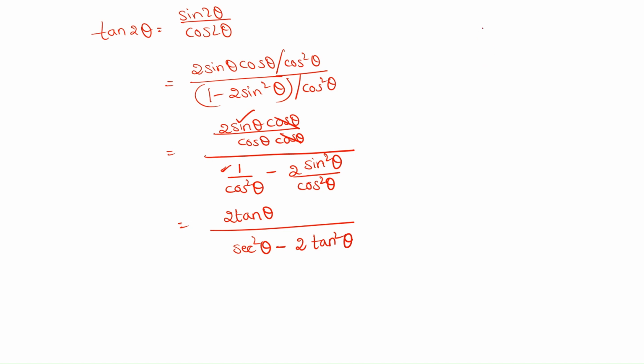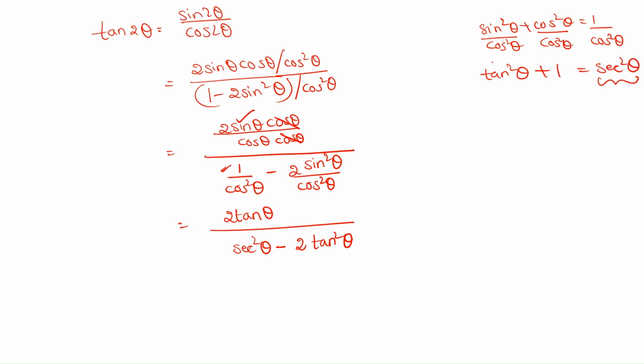In the previous video, we have seen that sin square theta plus cos square theta is equal to 1. From this, if we divide both sides by cos square theta, then this formula will get modified as tan square theta plus 1 is equal to sec square theta.